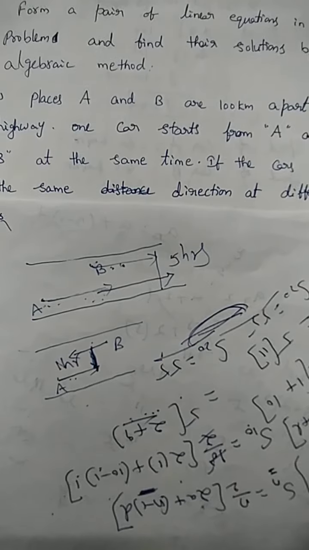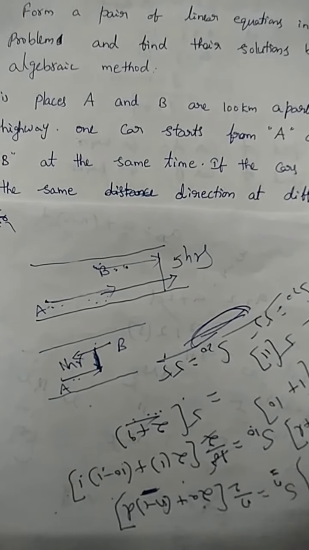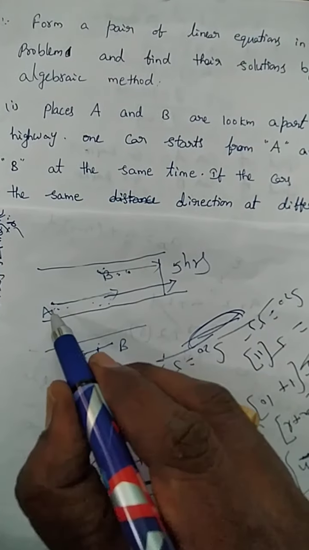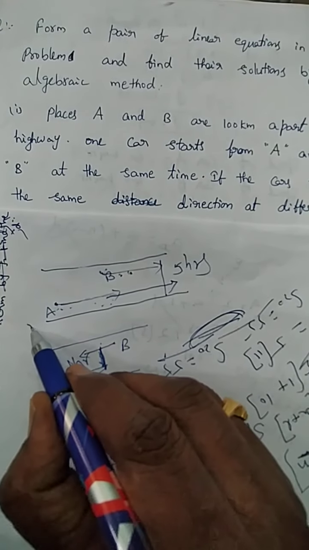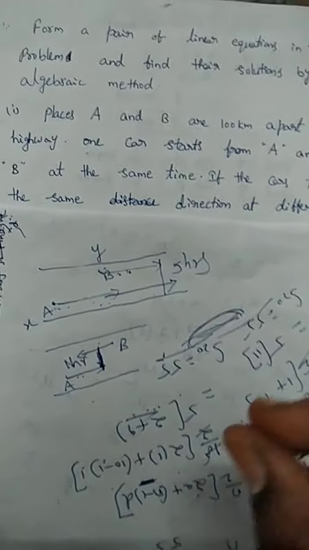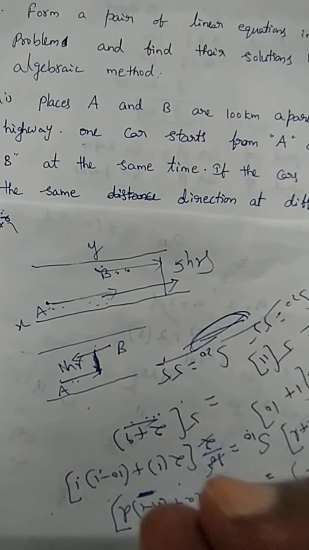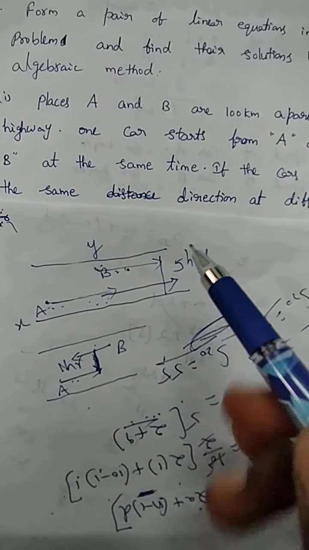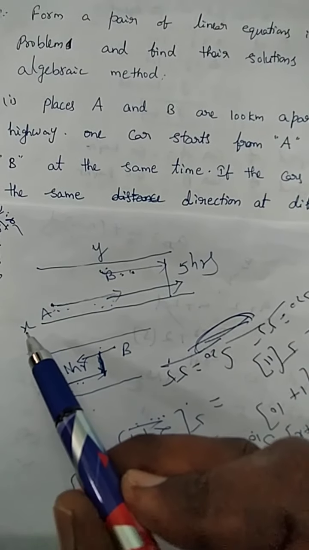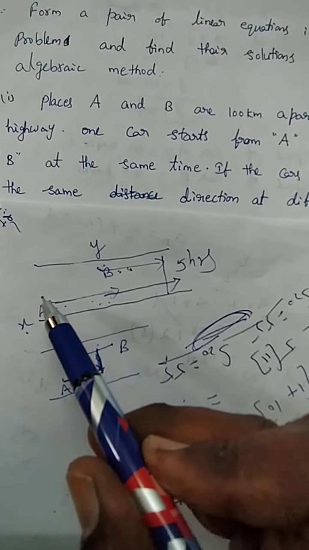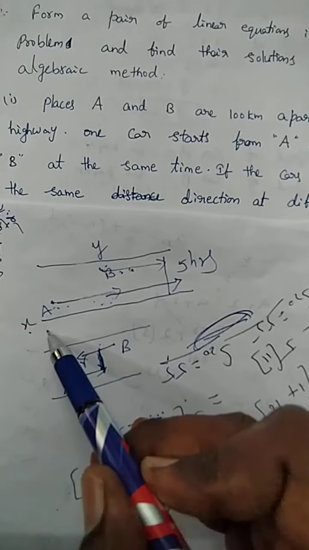That is the condition here. For example, we can assume that car A's speed is x and car B's speed is y. Those are traveling in the same direction and meet after 5 hours. Within 1 hour the car will travel x kilometers only.